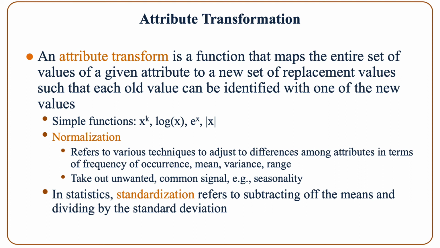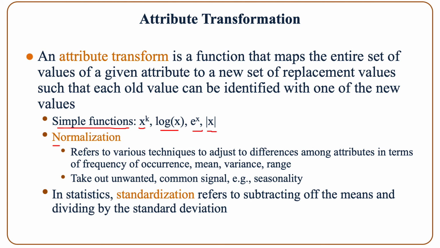Now we talked about attribute transformation. A transform basically is a mapping that maps the entire set of values of a given attribute to a new set of replacement values. You may have simple functions for transformation, such as x to the k, log of x, e to the x, and absolute value of x.